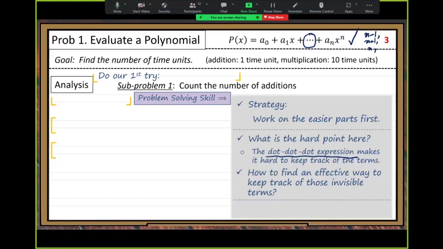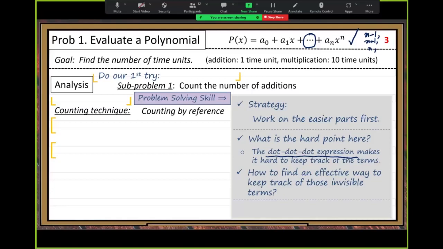There are so many invisible terms, it's hard to keep track of them, but we need to find a simple, effective method to help us keep track of the data. So let me introduce a counting technique. It's called counting by reference.